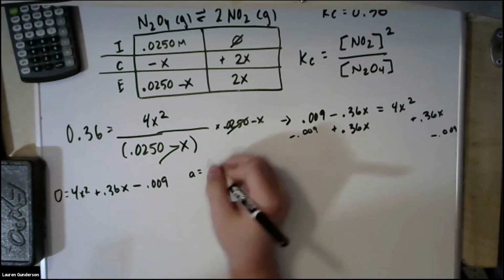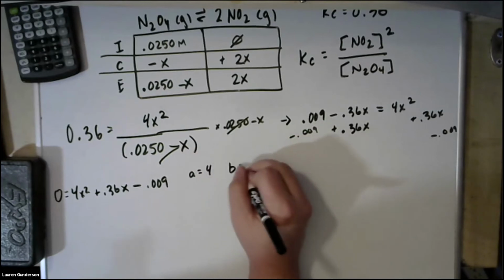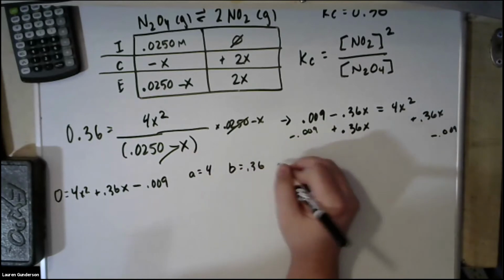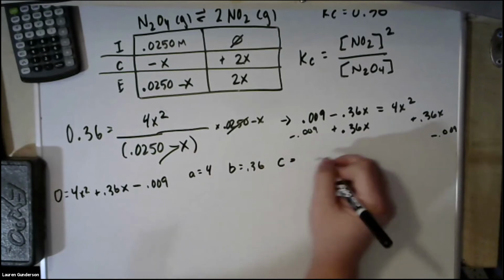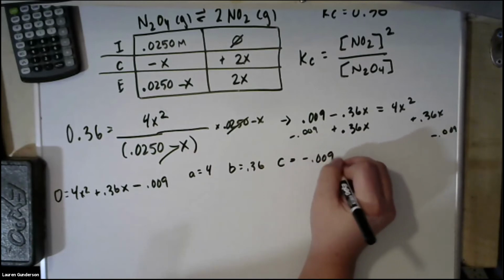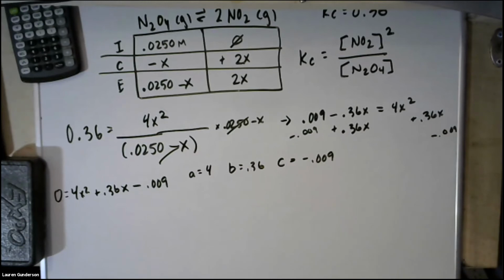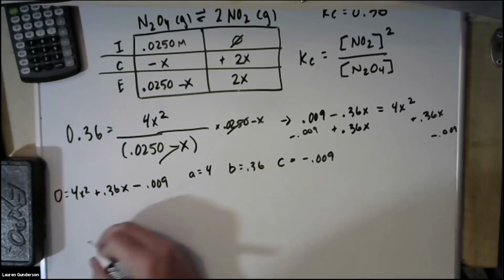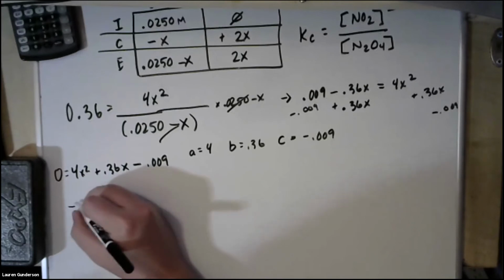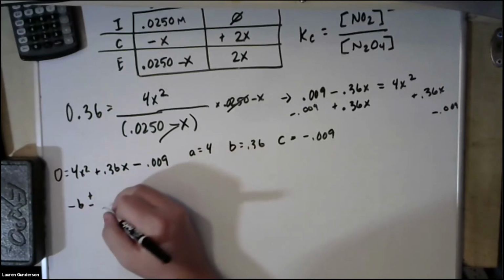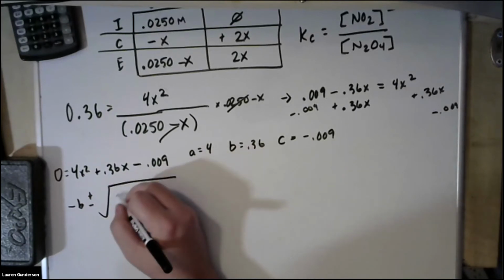And my A is going to be 4, my B is going to be 0.36, and my C is going to be negative 0.009. All right, so let's plug stuff in. Write down our quadratic.